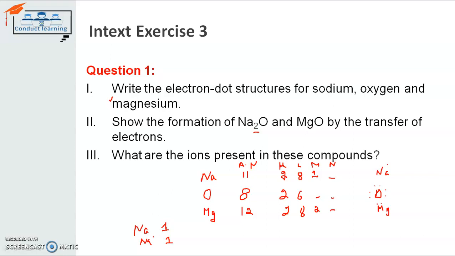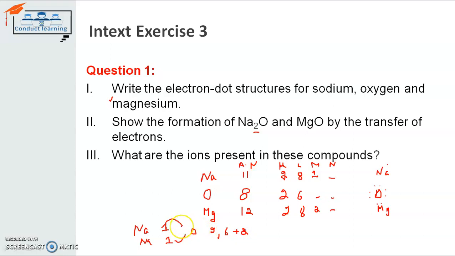So that the oxygen can have a stable position. On the other hand, we also know that oxygen needs 2 electrons to become stable. So oxygen will take these 2 electrons from sodium to become stable, because its configuration is 2, 6. So it needs 2 electrons to be stable.